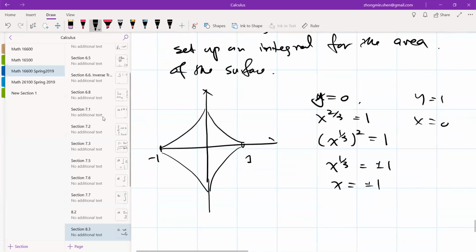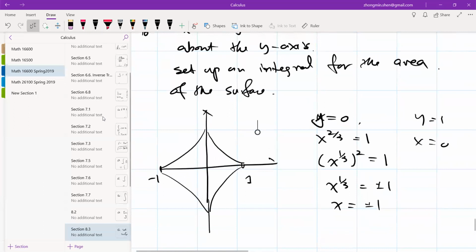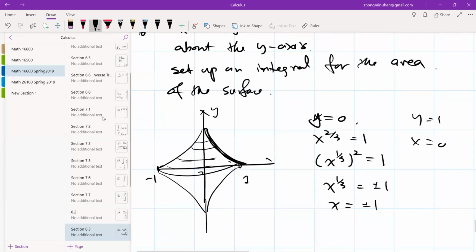We're talking about the surface area of the surface generated by rotating this curve around the y-axis. It's symmetric, so actually we just need one piece, where x is between 0 and 1.